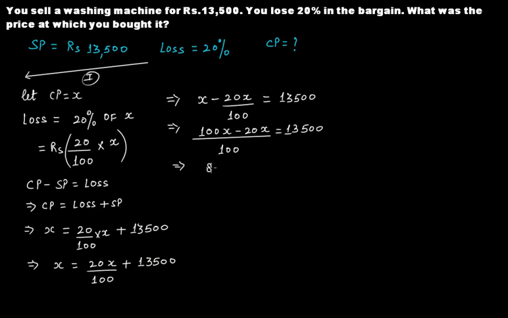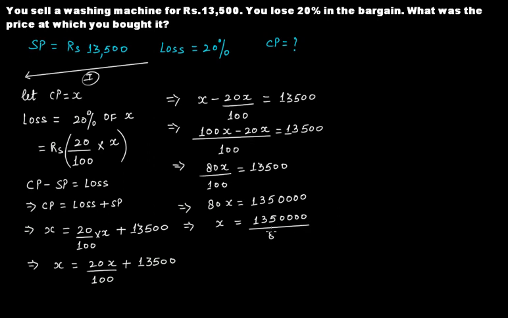This gives you 80x over 100 equal to 13,500, and this 80x by cross product gives us 13,500 with 4 zeros. This gives us x is equal to 135,0000 over 80. One 0 is gone here.